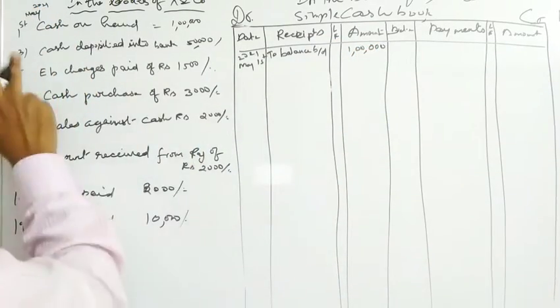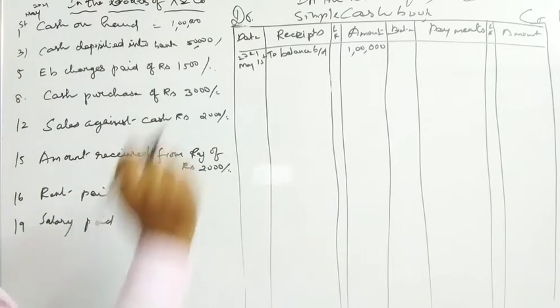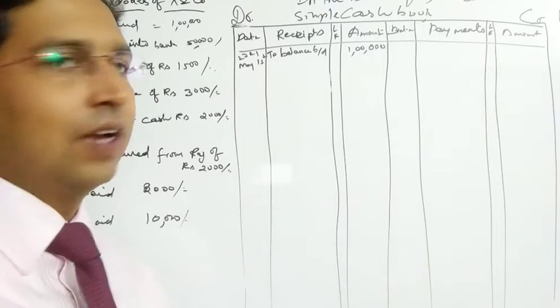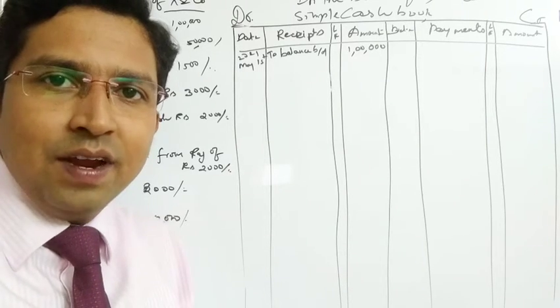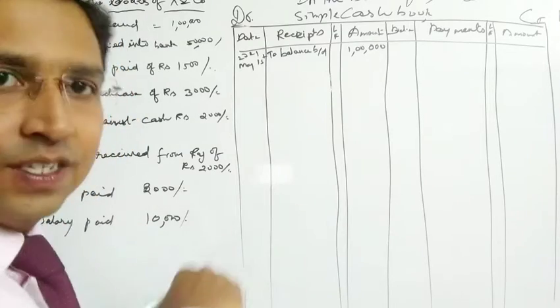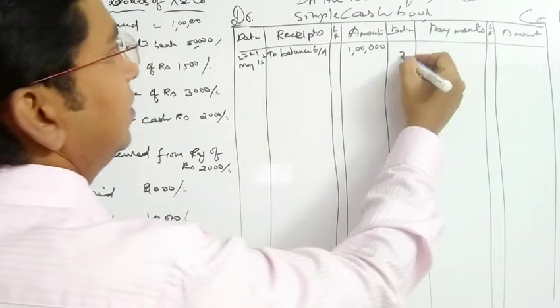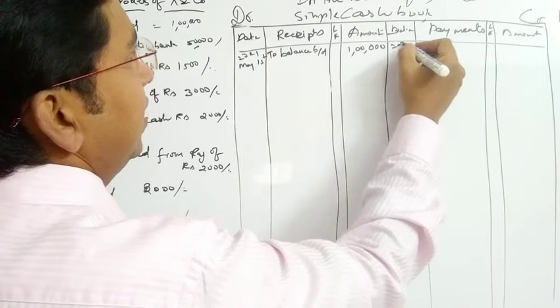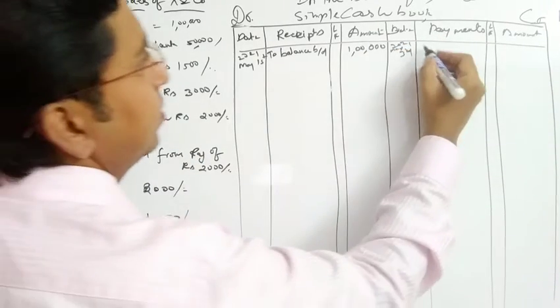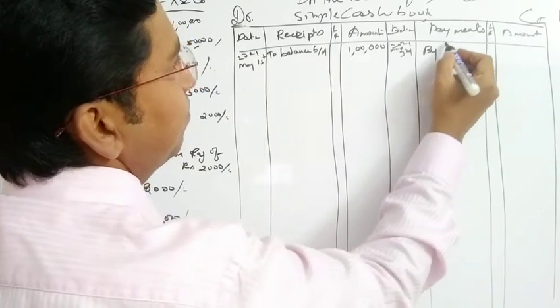Next, on third of May, cash deposited into bank. Since we have only a cash column book, for us it is a payment. We are depositing into the bank account, so cash is going out. So on third May 2021 we write, cash deposited into the bank, starting with the keyword By.